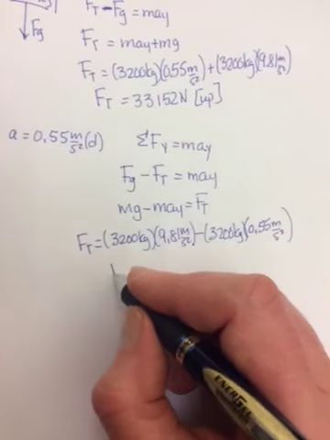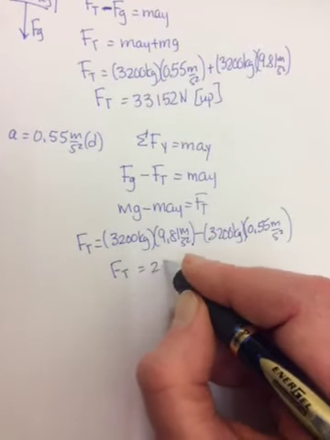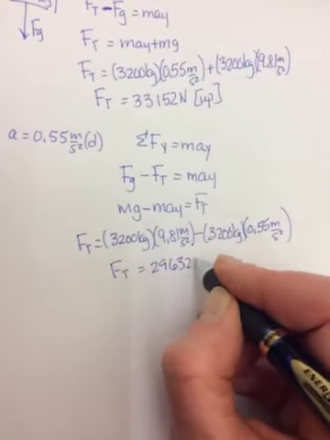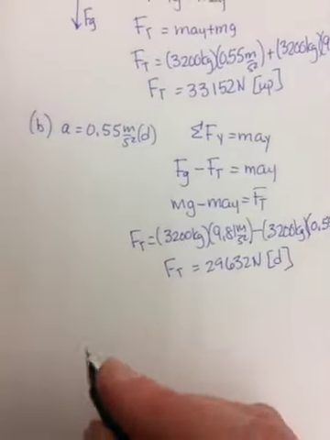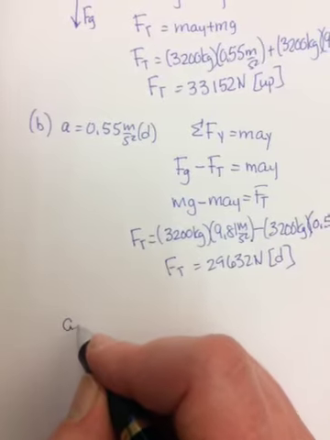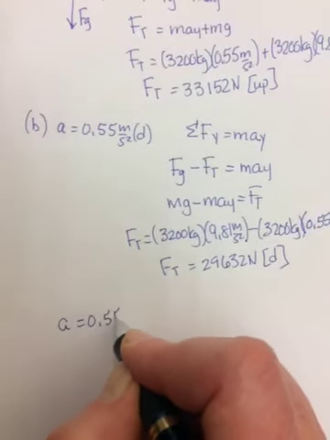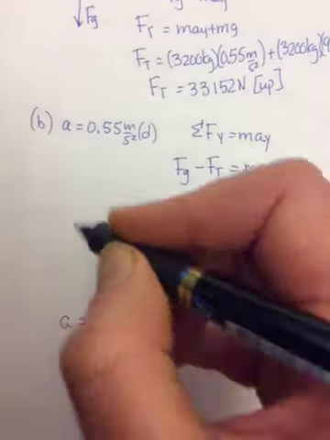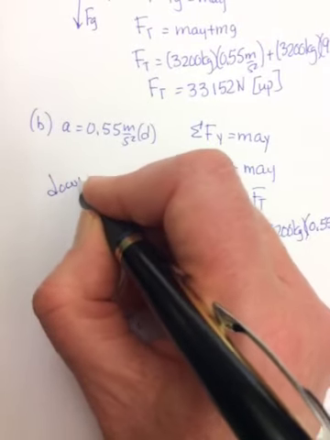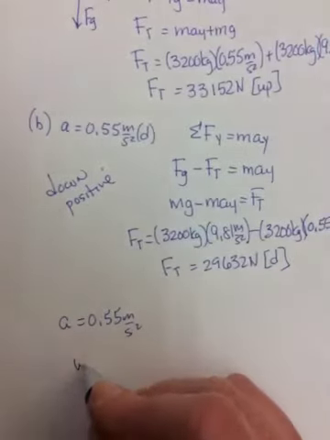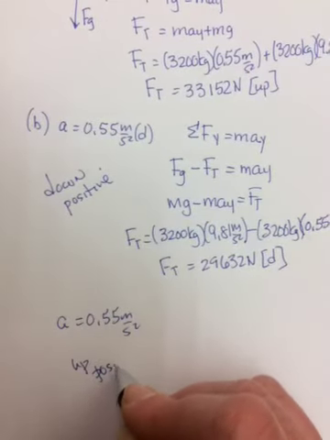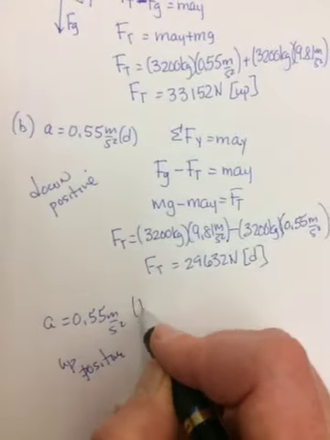And you would get an Ft of 29632 newtons down. Now, if I screwed you up, let me do it by calling up positive. So a is still going to be 0.55 meters per second squared, so this is with down positive, and this is with up positive. Okay? So this is still going down.